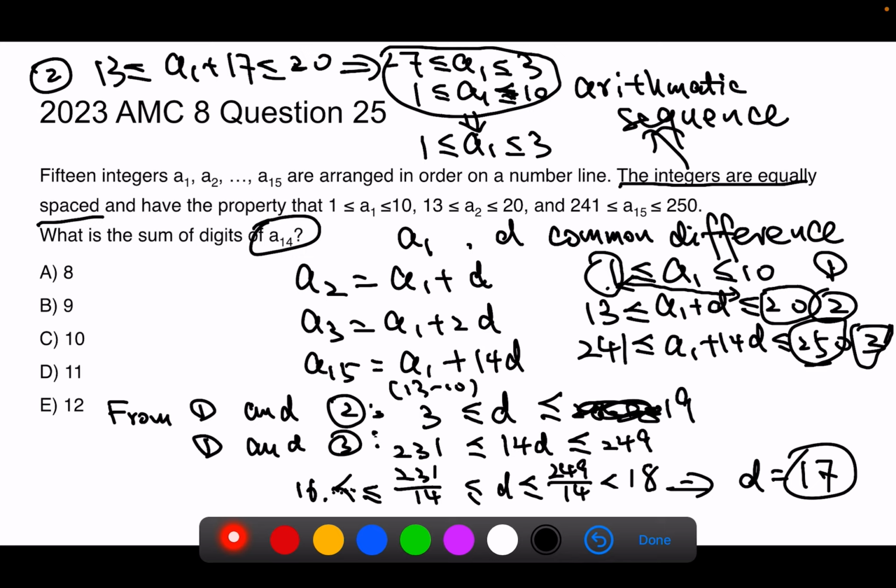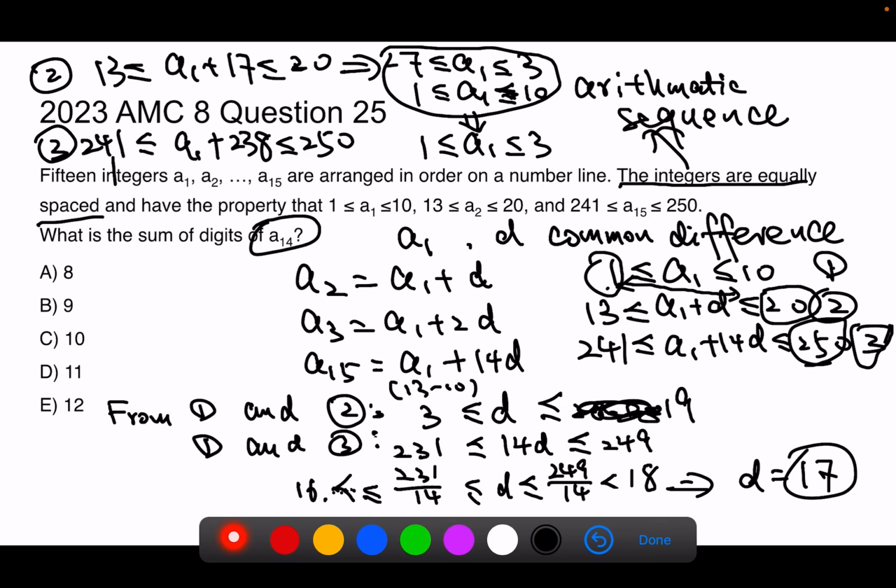What is it telling me, right? 14 times the D, 17, is 238. So if I go to equation 3 again, I have A1 plus 238 less than or equal to 250, greater than or equal to 241.